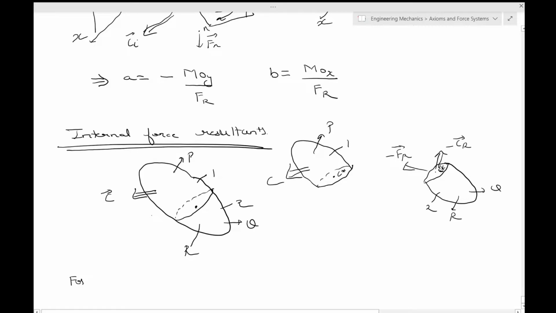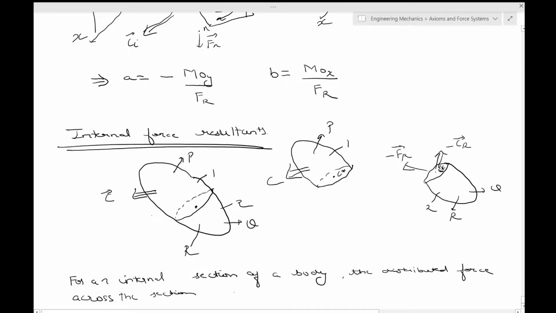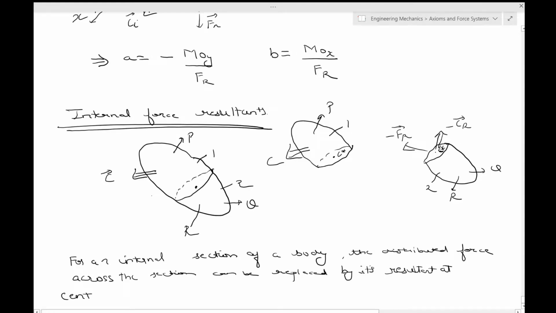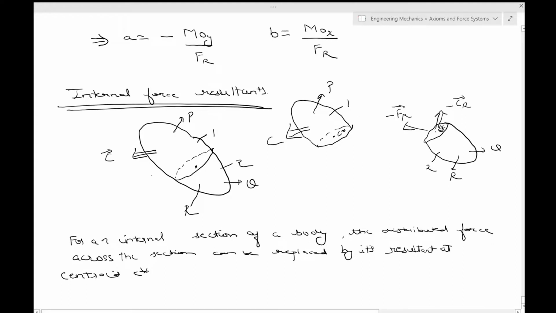So for an internal section of a body, the distributed force across the section can be replaced by its resultant at centroid C star of the cross section.